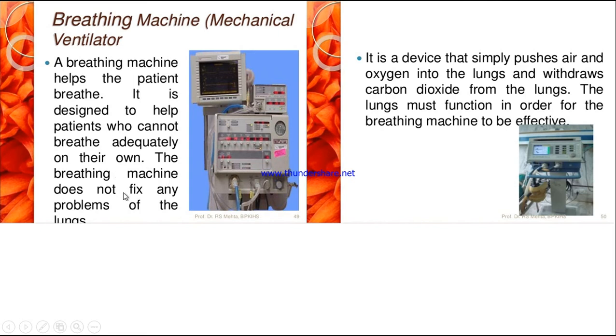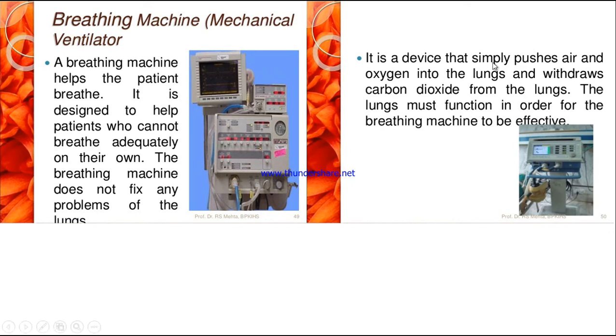The breathing machine does not fix any problem of the lung. It only acts as a supporting system, but it does not cure the problems of the lung. Suppose the patient is having bronchial constriction. Mechanical ventilation will not cure the constriction, but it only helps the patient to breathe.